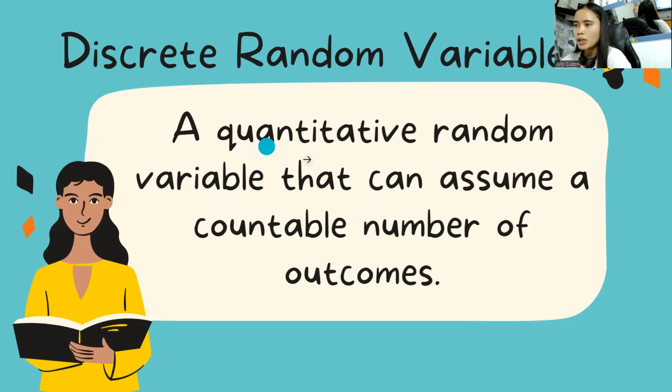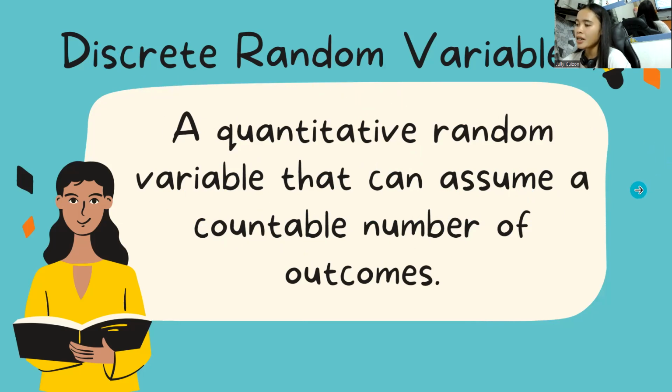In a discrete random variable, we can assume a number, like whole numbers, from 0 up to positive infinity. Since we can assume a number, therefore it is a discrete random variable.